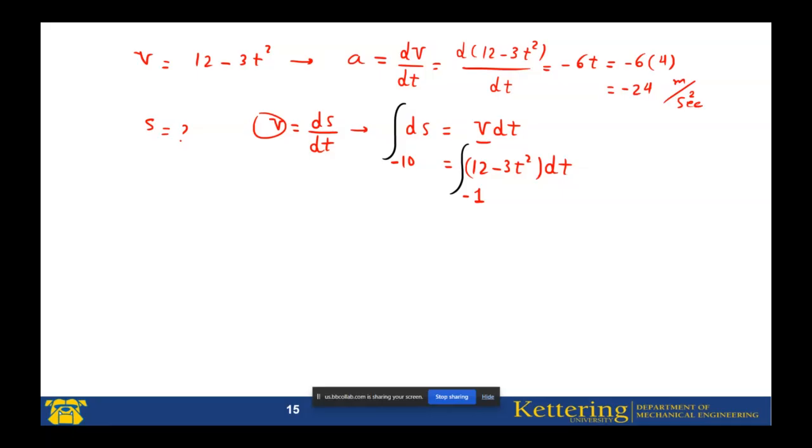This is one of the points for this problem. Or at the time t, S is S. Or this integral, ds from minus 10 to S equal to 12 minus 3 t squared dt from minus 1, oh sorry, I just mentioned minus 1. From 1 to t, I need to use and find this integral.